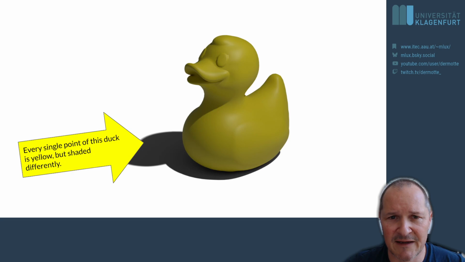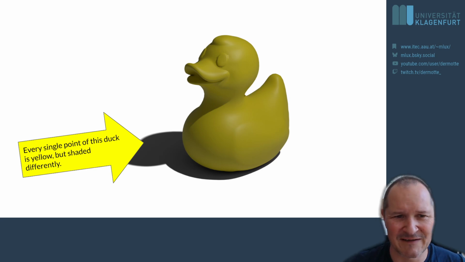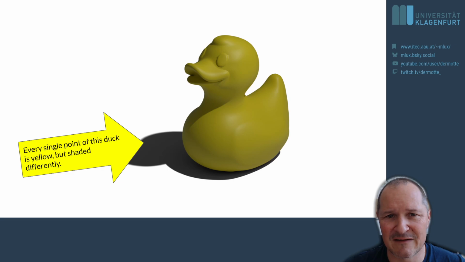So the duck, again, the duck with lots of polygons. Every single point of this duck is yellow, but it's shaded differently. That's the whole idea. And with the shading, we actually get more ideas on what it actually does. Okay, so for instance, what do we see? There are lights. So depending on the angle of the pixel to the light, it gets darker.